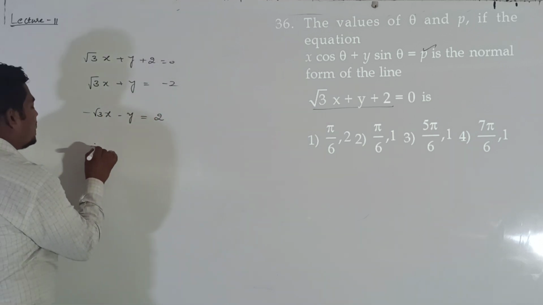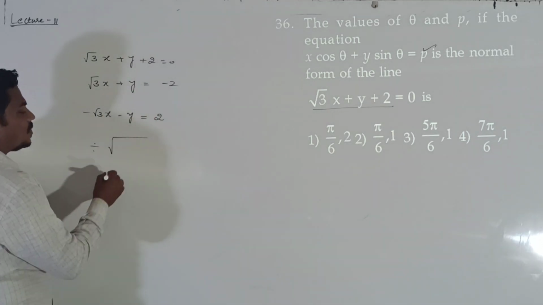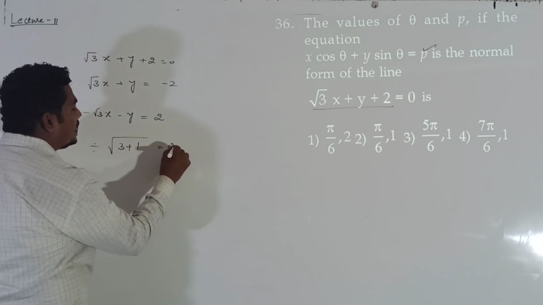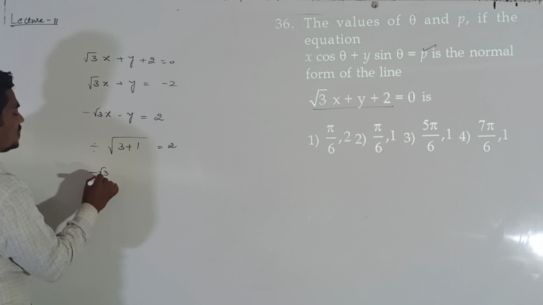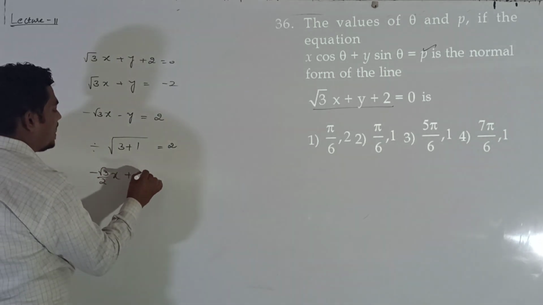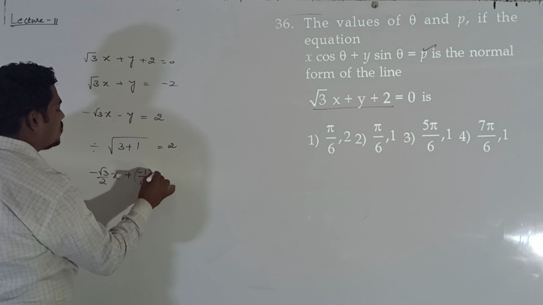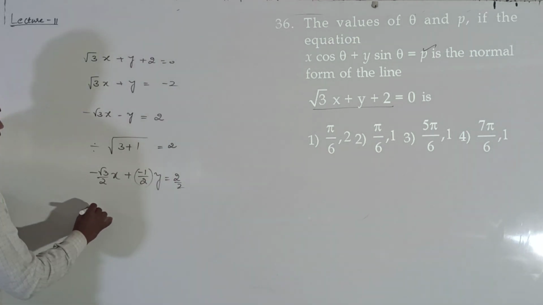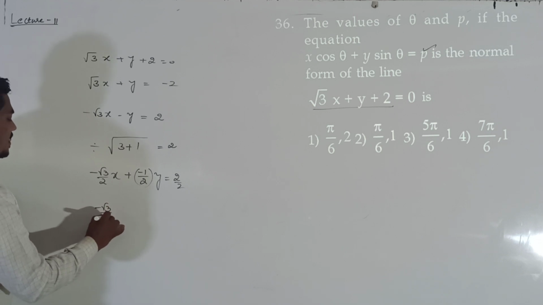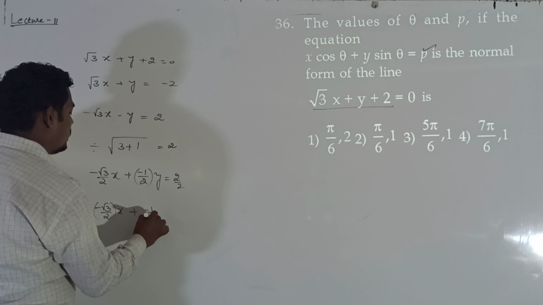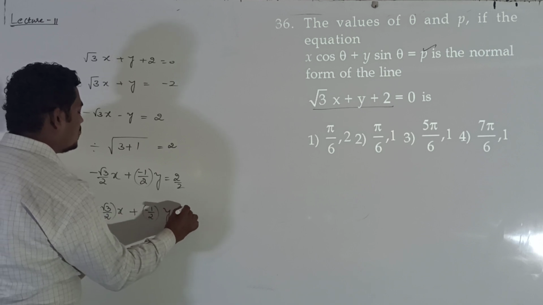After that, divide by the square root of coefficient of x whole square plus coefficient of y whole square, that is 2. Minus root 3 divided by 2 into x plus minus 1 divided by 2 into y is equal to 2 divided by 2, that is minus root 3 divided by 2 into x plus minus 1 by 2 into y is equal to 1.